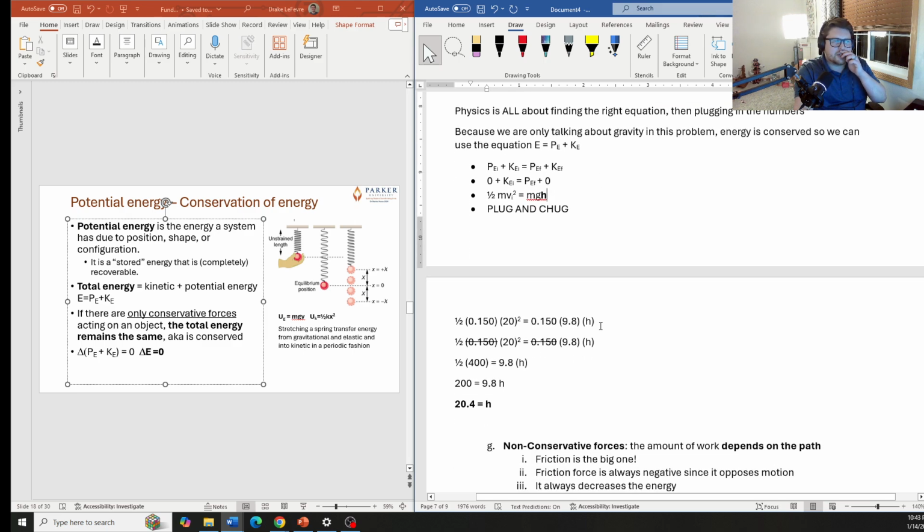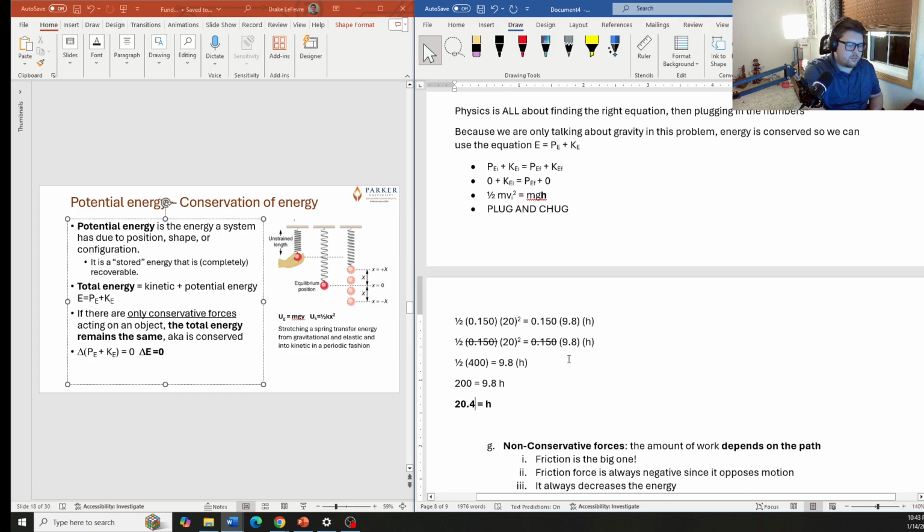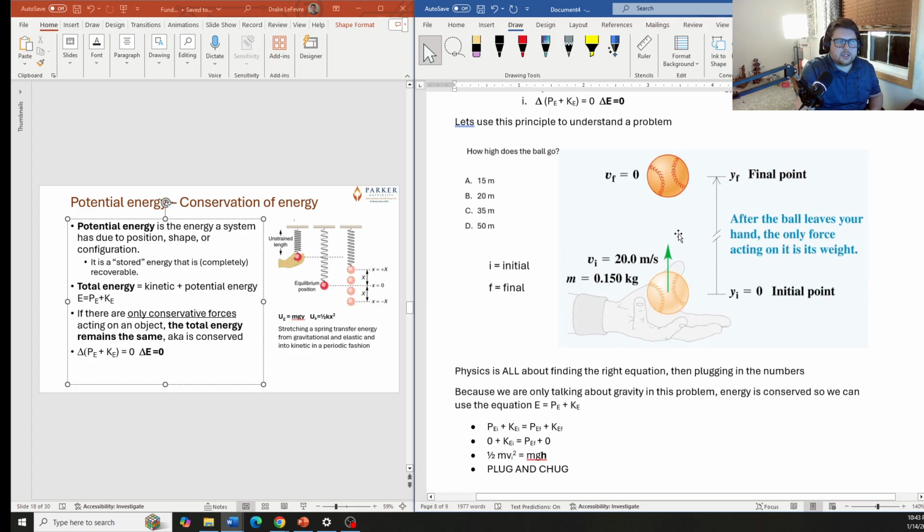And now we just plug and chug. Plug in the mass, plug in the velocity, plug in the constant for gravity, and we solve all the way down, and we end up with 20.4 as the height. 20.4 meters is the height that this ball travels.